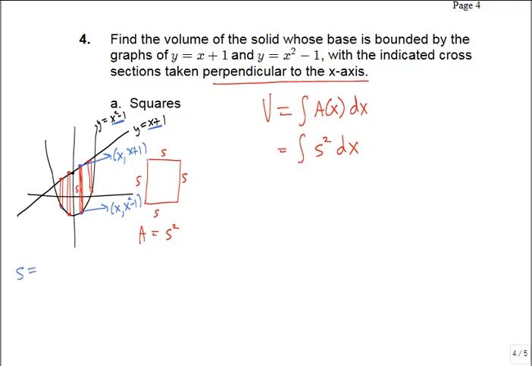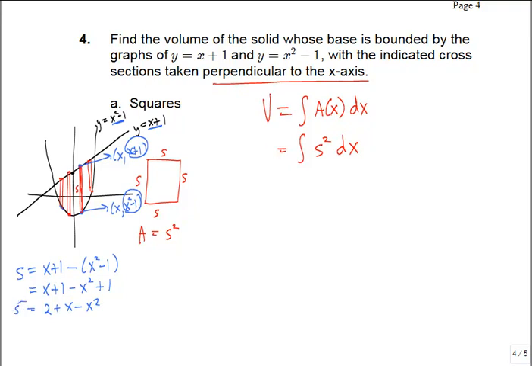So s is going to be this top y value minus this bottom y value, and use parentheses because you want to subtract all of it. So we want to distribute the negative across, and that's going to give me 2 plus an x minus an x squared for my s.